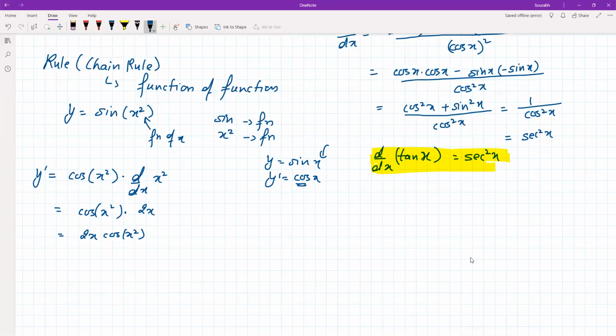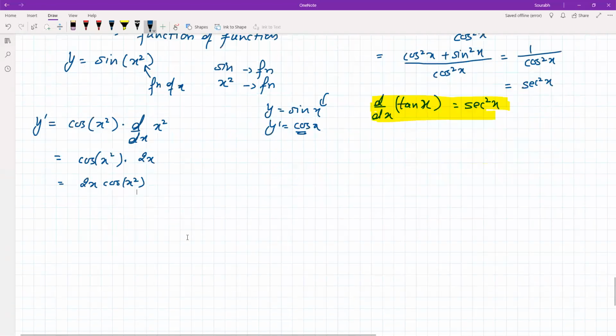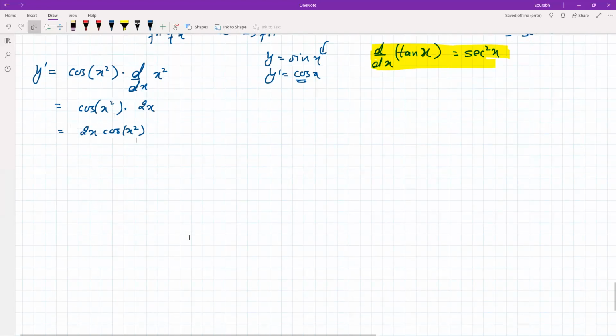Here the depth of the chain was 2. That is, it was function of a function. You can also have a function of a function of a function.